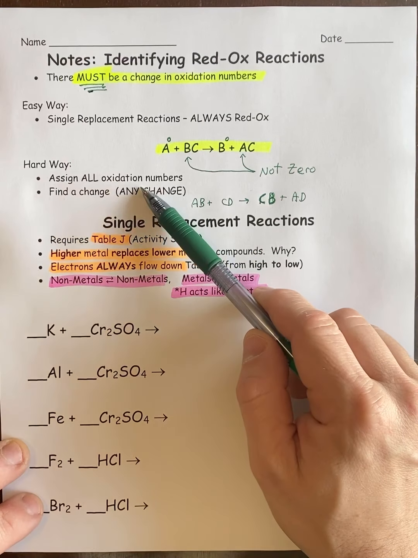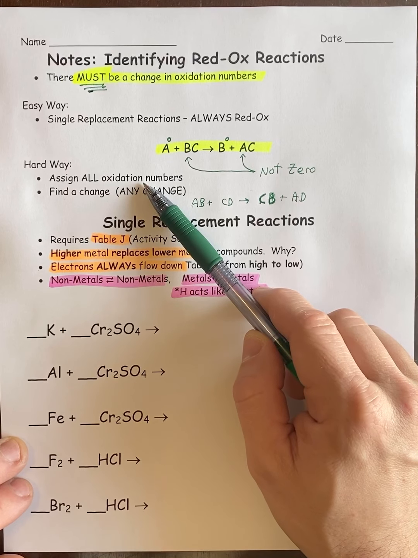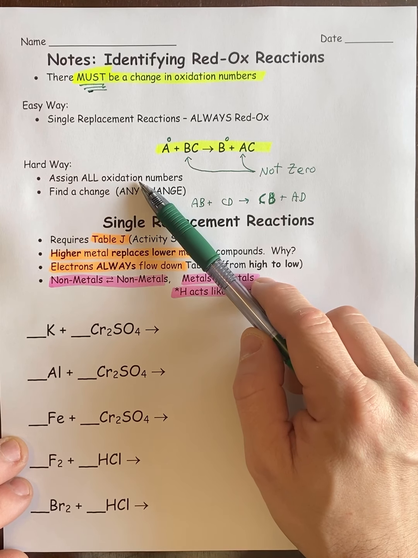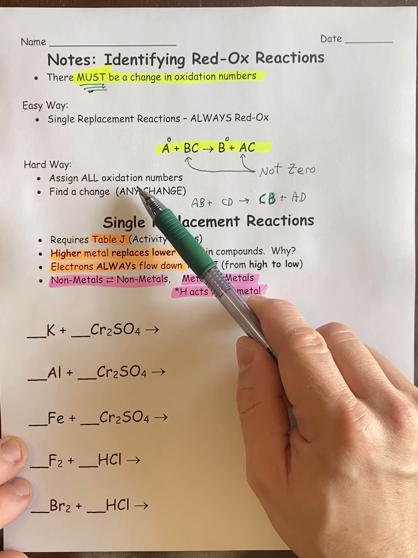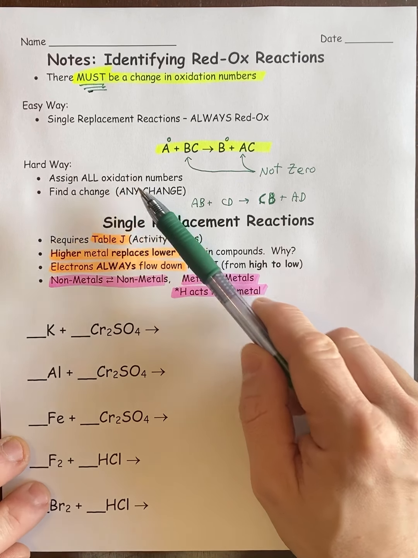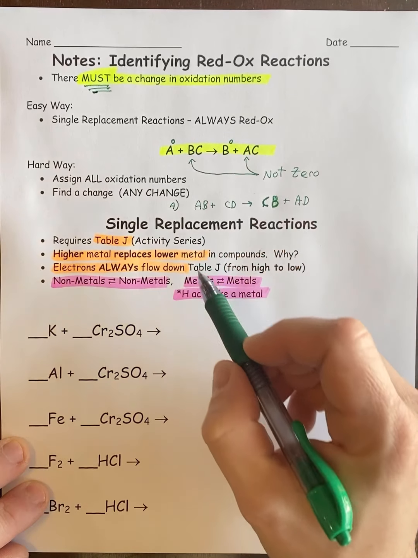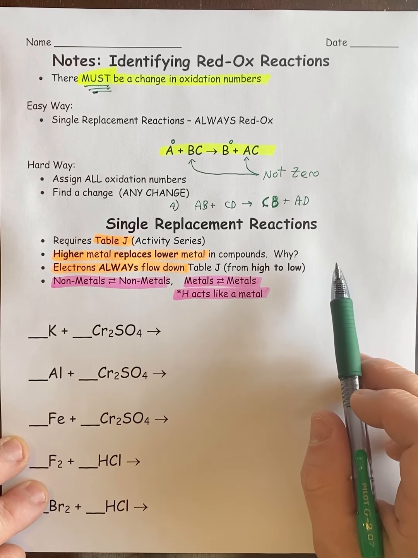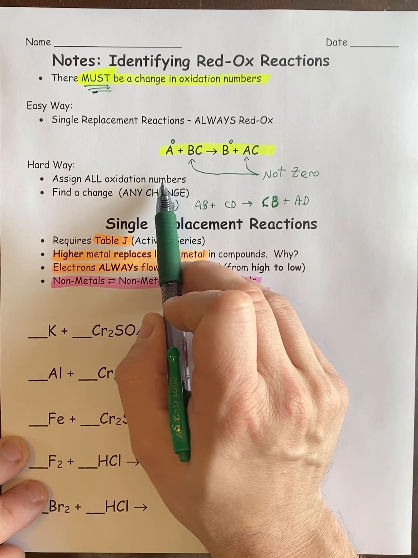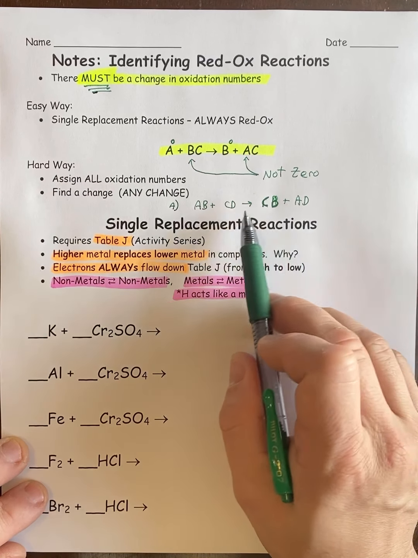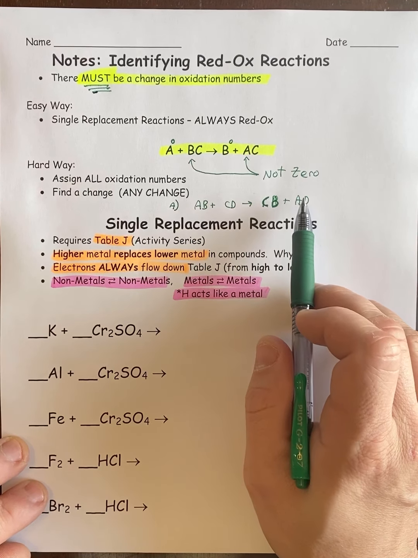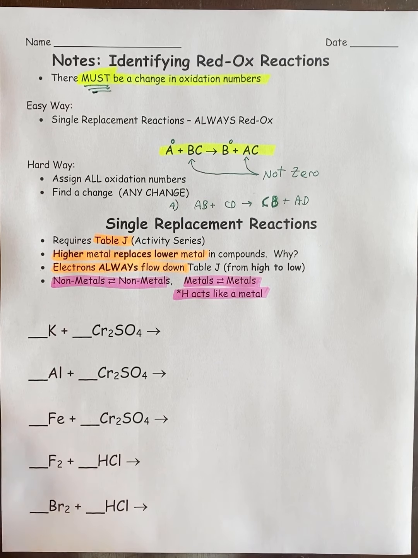which is to assign the oxidation states for every compound in the problem, which, keep in mind, these tend to be multiple choice questions. So this is option A. And then you've got B, C, and D. And so you've got all these reactions, and you're going to have to assign all the oxidation states to every number. So it ends up being typically around 16 problems. And then find the reaction where there's a change.